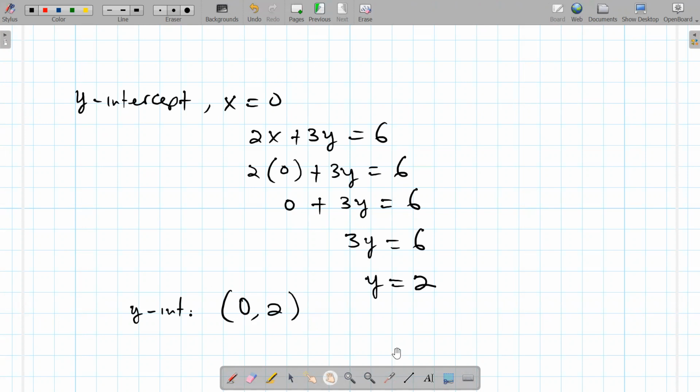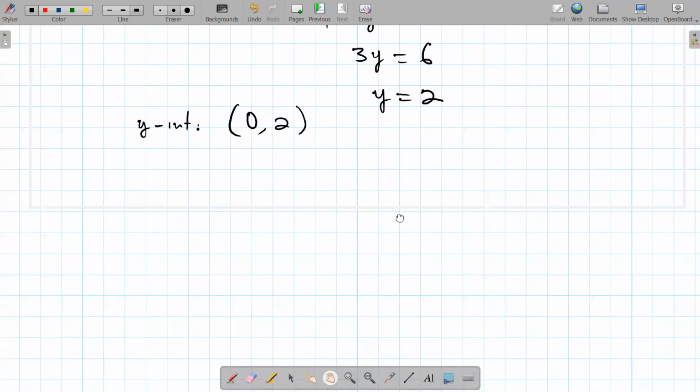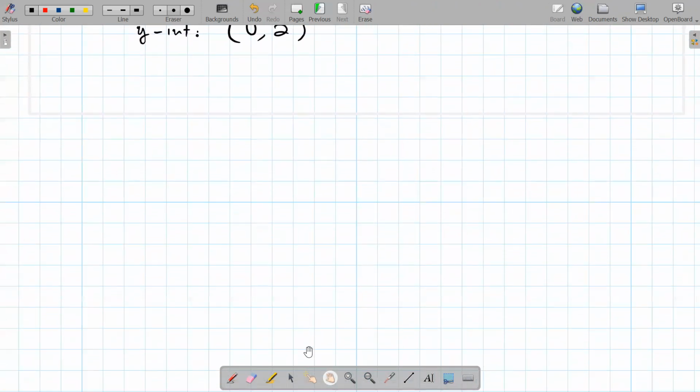So once I get that, I just graph. Let's see how to graph that. Put it anywhere, let's say here.